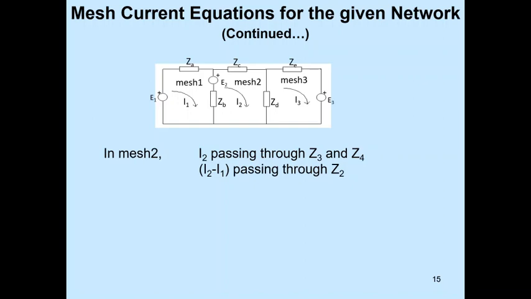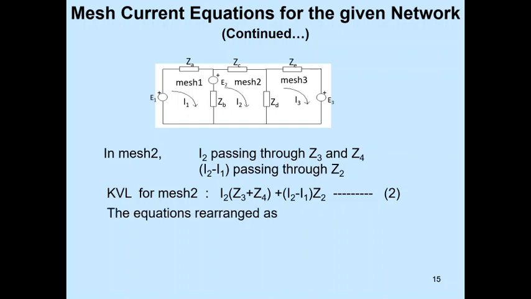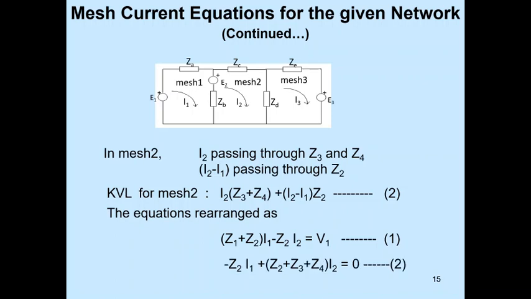And KVL for mesh 2 is I2 into Z3 plus Z4 plus I2 minus I1 into Z2. The equations are rearranged: Z1 plus Z2 into I1 minus Z2 I2 is V1. That is the first equation for the first mesh.